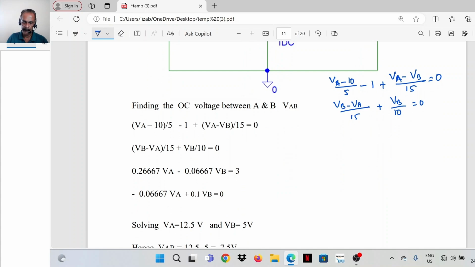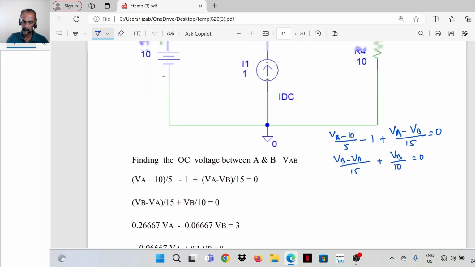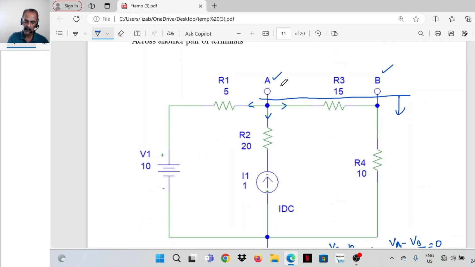Solving, VA is 12.5 volts and VB is 5 volts. That is, VAB is equal to 12.5 minus 5, which is 7.5 volts. So V Thevenin is equal to 7.5 volts.